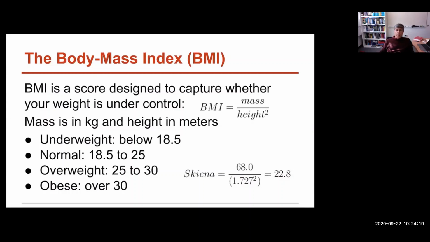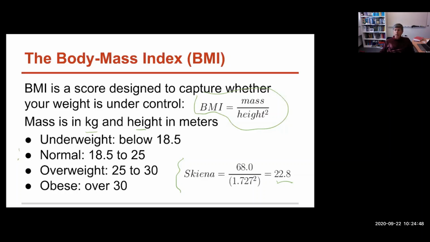They take your mass in kilograms and your height in meters. The BMI is the mass in kilograms over the square of the height in meters. When I made up this slide, I had a body mass index of 22.8. Is that good? Well, it's normal. It's probably getting a little bit closer to overweight than I'd like it to be.